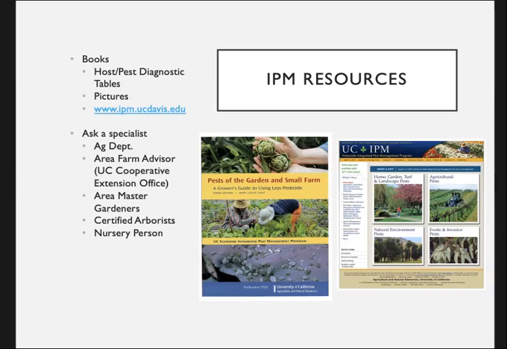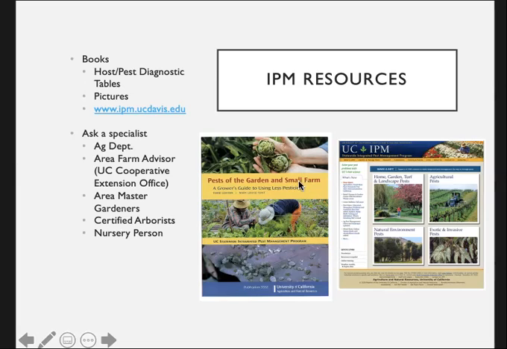And it covers tons of different pests, from insects to mites and diseases and even weeds. And it focuses in on fruit and nut trees, vegetables, and herbs, which is kind of cool. So it talks about identification, biology, management practices, and they cover over 100 different common pests.